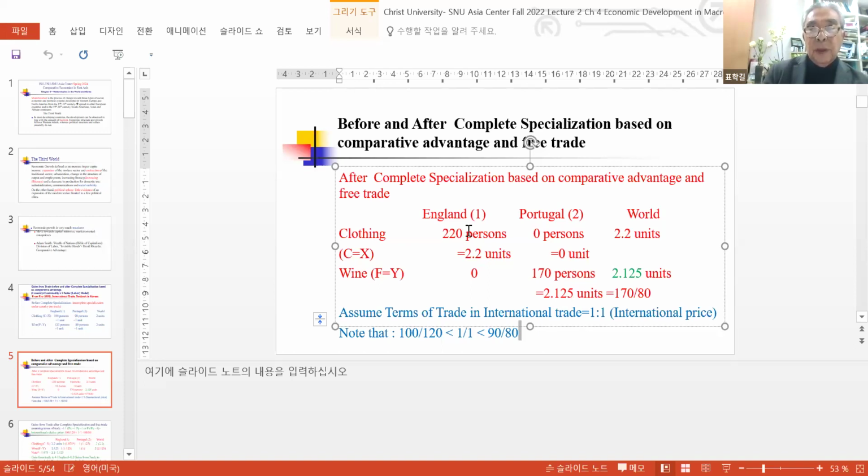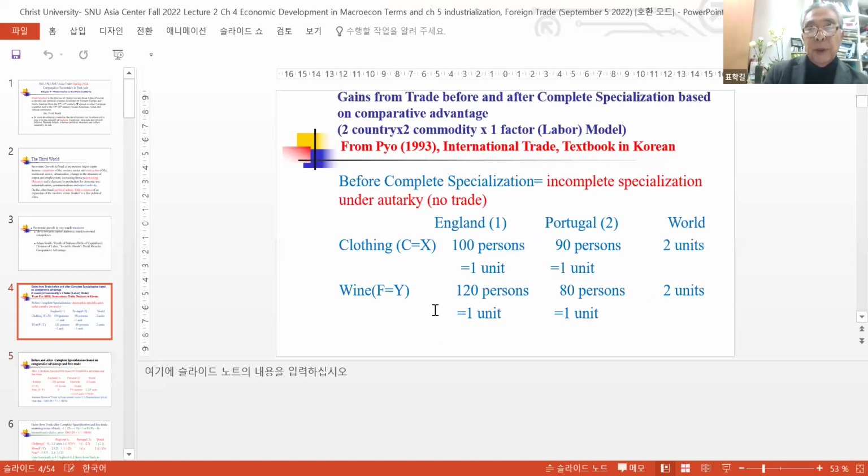Therefore, both England's and Portugal's welfare has increased compared to the previous slide on page 4. England produced 1 unit, 1 unit. Portugal produced 1 unit, 1 unit.